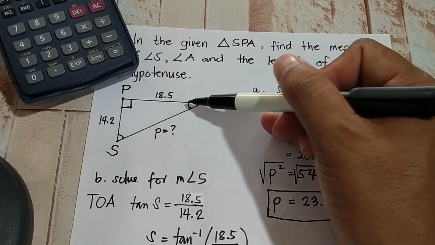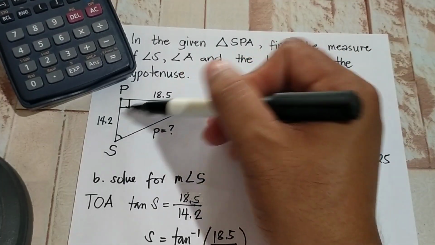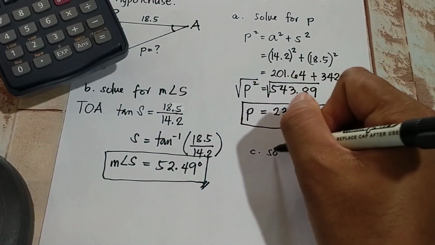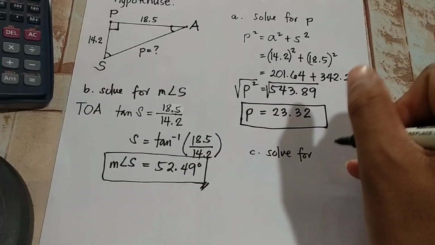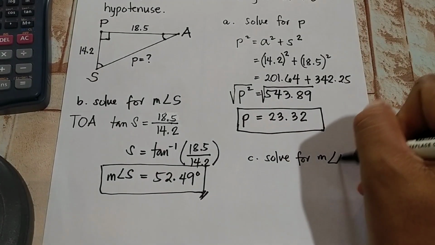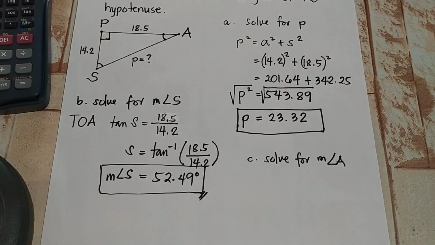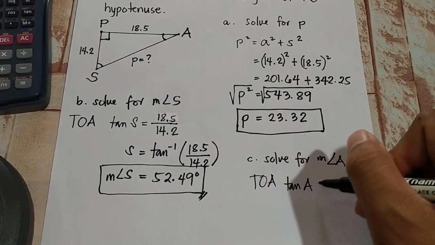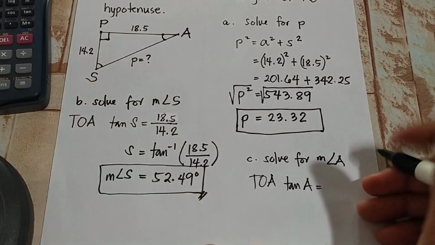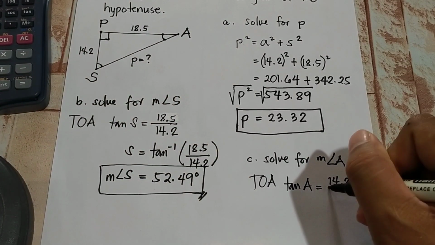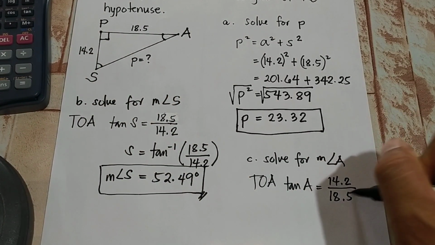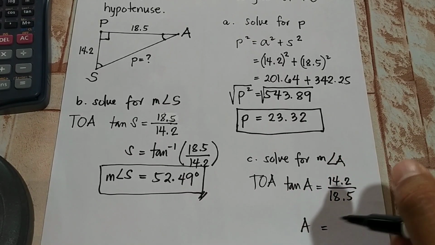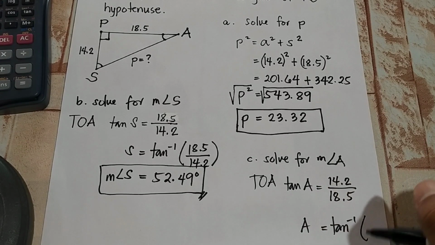Alright. Let's move on to the measure of angle A. Again, we'll make use of TOA, opposite over adjacent. So solve for the measure of angle A. Tangent A is equal to the opposite, that is 14.2, over 18.5. So A is inverse tan of 14.2 over 18.5.